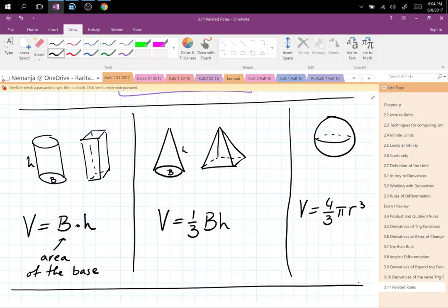So to find the volume of this room, you will just take the area of the floor and multiply it by the height, and that is contained in the first box.